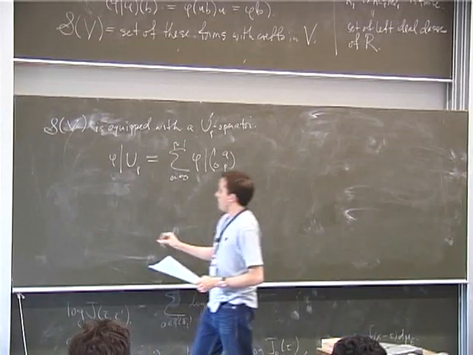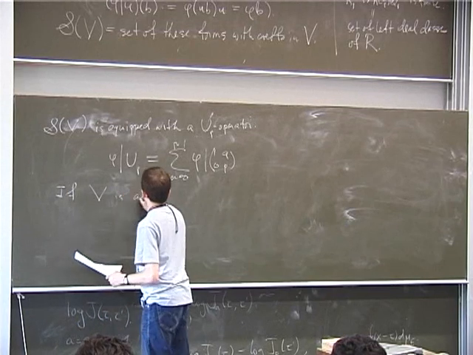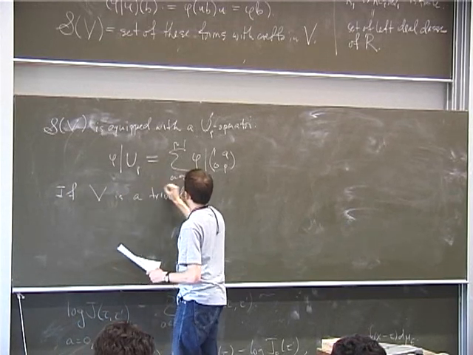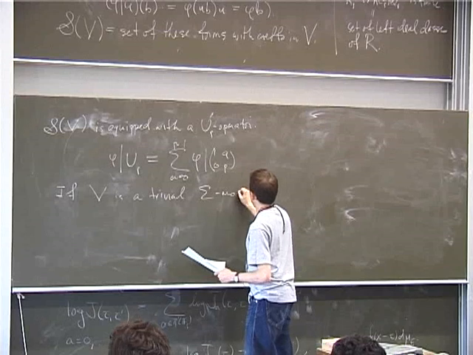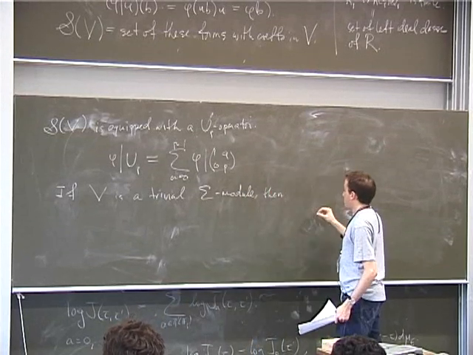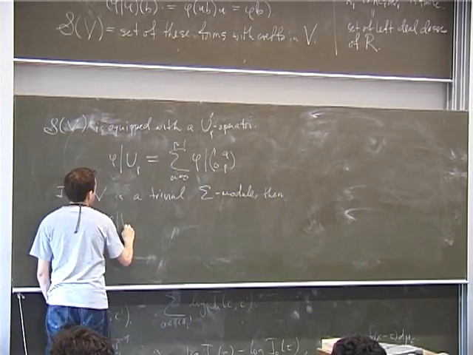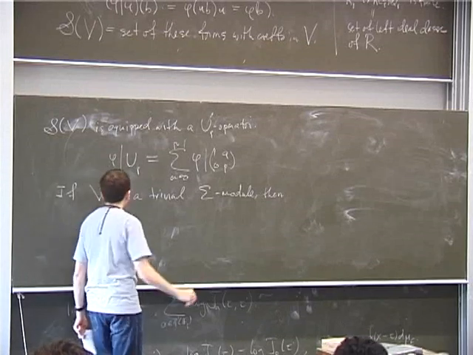And if V is a trivial sigma module, then we have an acting linear involution. Then we have phi slashed with W_p.